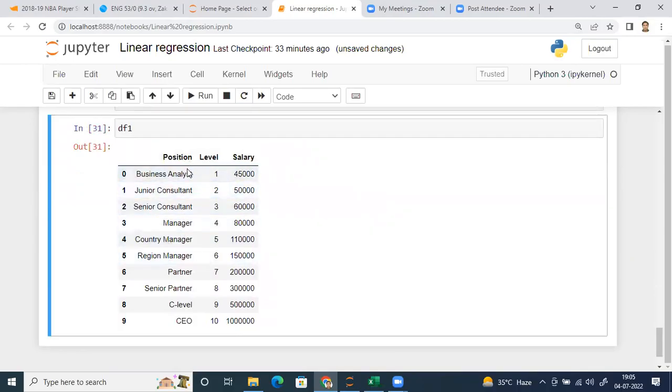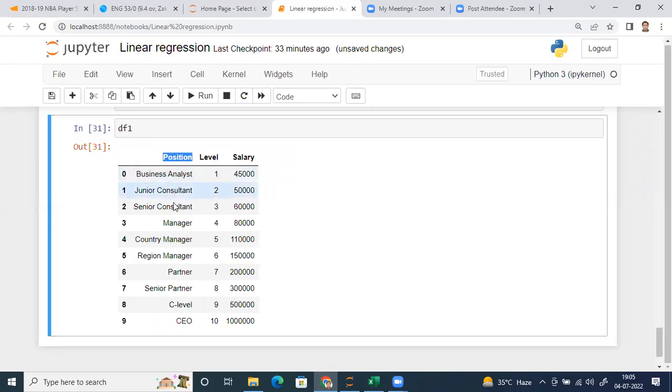Position is given for different employees: business analyst, junior consultant, senior consultant, manager, country manager, region manager, partner, senior partner, C level, and CEO. The corresponding level is given too. The higher the level, the higher the hierarchy. The same information is available in the level column, because ultimately we have to convert the text column into a numeric column.